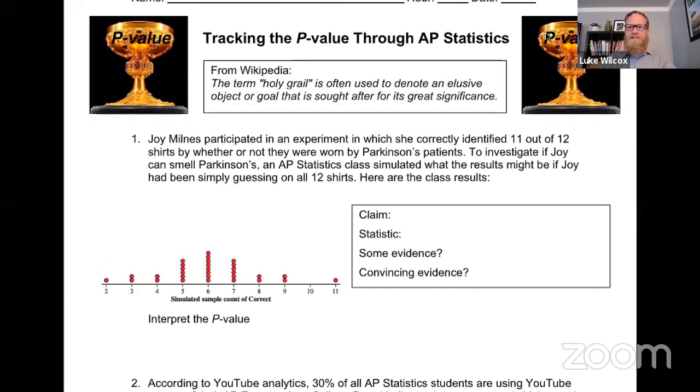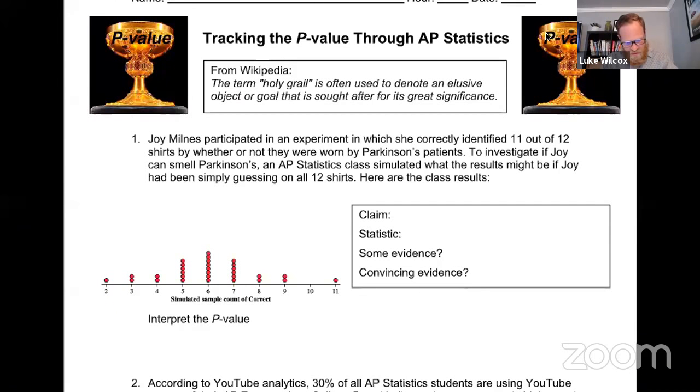And so what I've done is I've put together 4 example problems that would come from 4 totally different parts of the course. One from the beginning, one from early on, a little bit later, and then one towards the end. And we're going to see how our progression of understanding of the p-value happens throughout the school year in AP statistics.